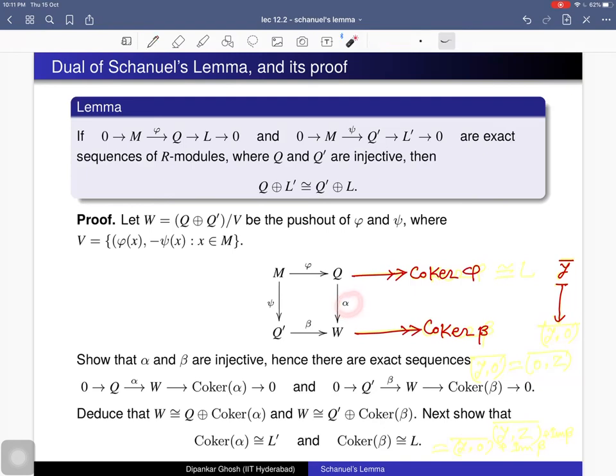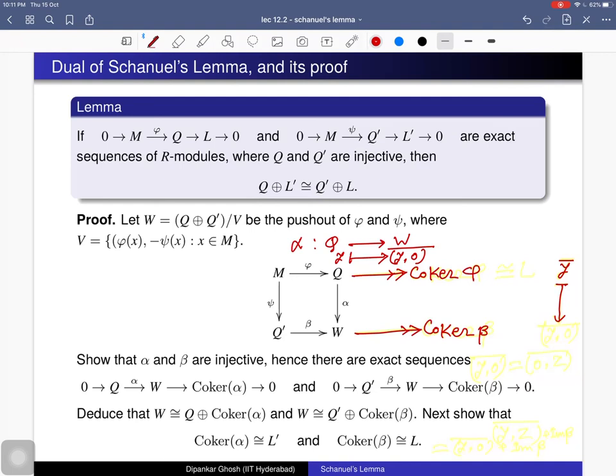and then its image we just define by considering this map alpha. If we recall the definition of alpha, what was that? It is giving a map from Q to W. It is mapping y to the equivalence class of y comma 0.